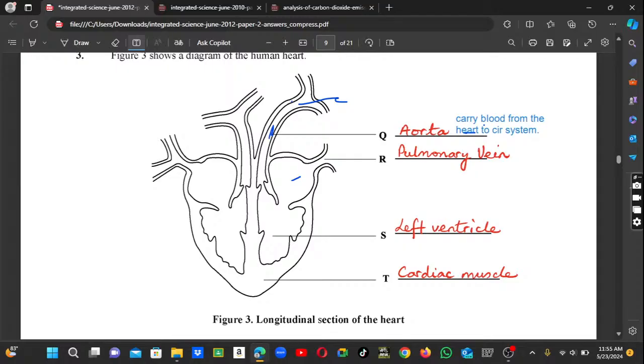So the cardiac muscle is very good because it contracts with enough force for blood to be supplied throughout your whole body. All right, so this is the function of these terms.